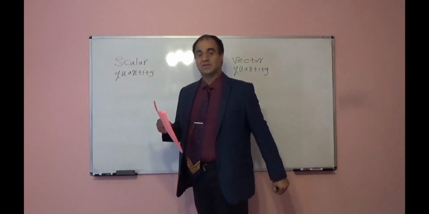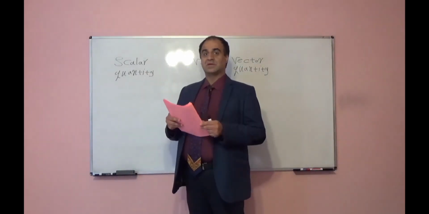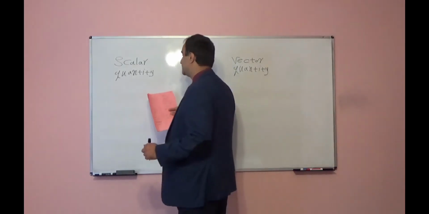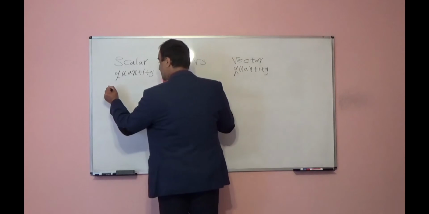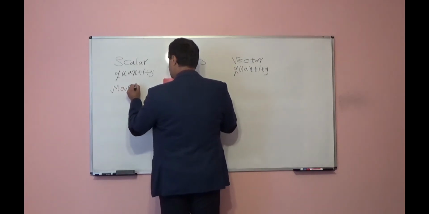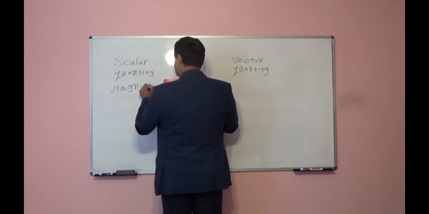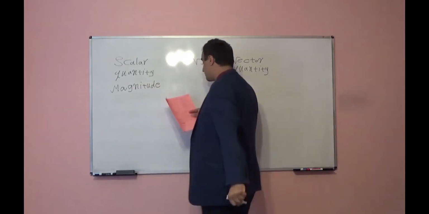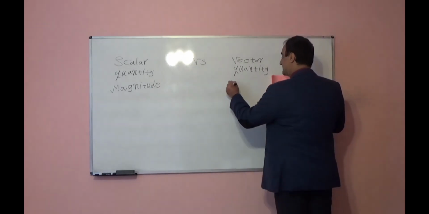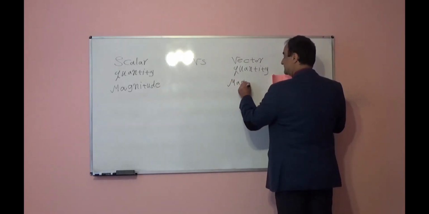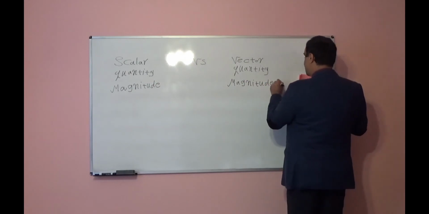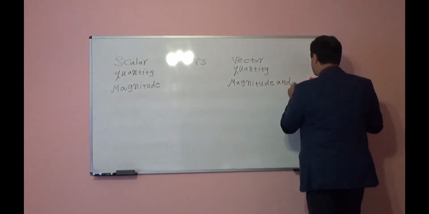Scalar quantity usually we can describe using only magnitude. So scalar quantity can be described only using magnitude. Vector quantity can be described using magnitude and direction.